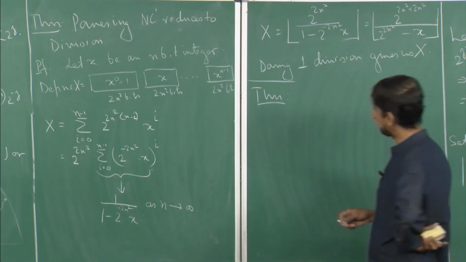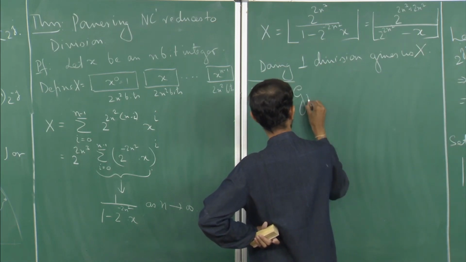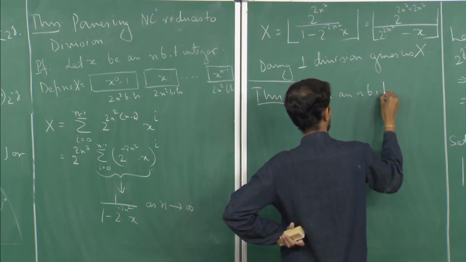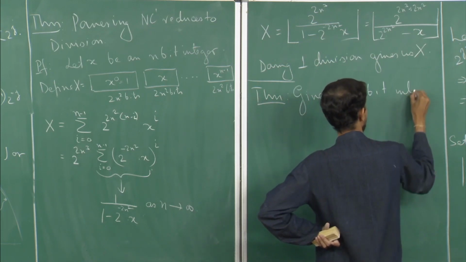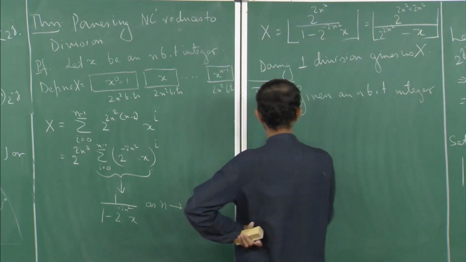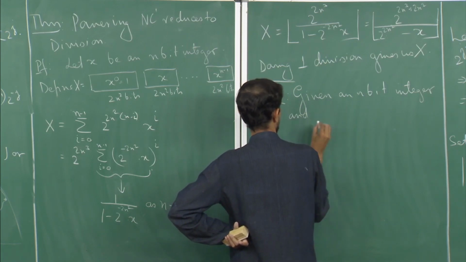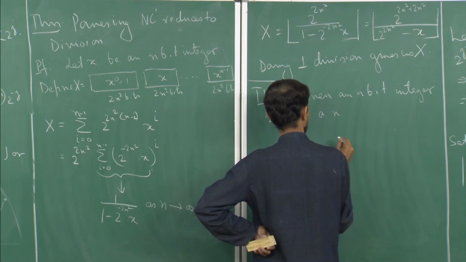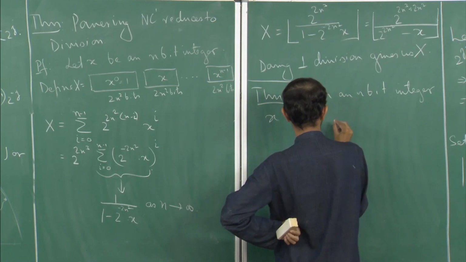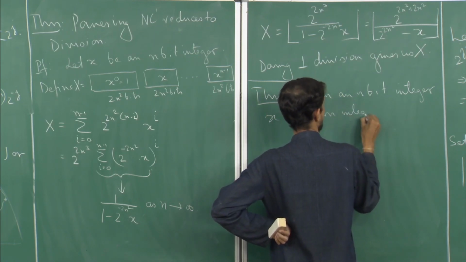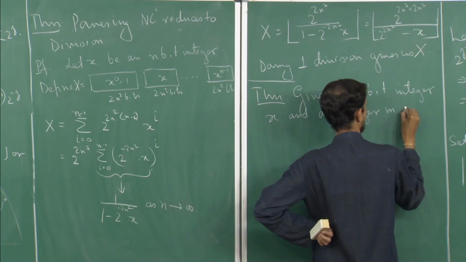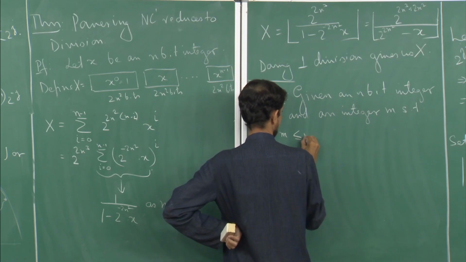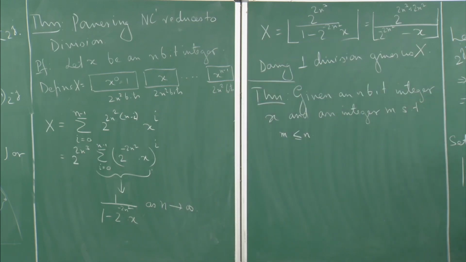Okay, so given an n bit integer x and a number m such that m is less than or equal to n. That is what I have, right?